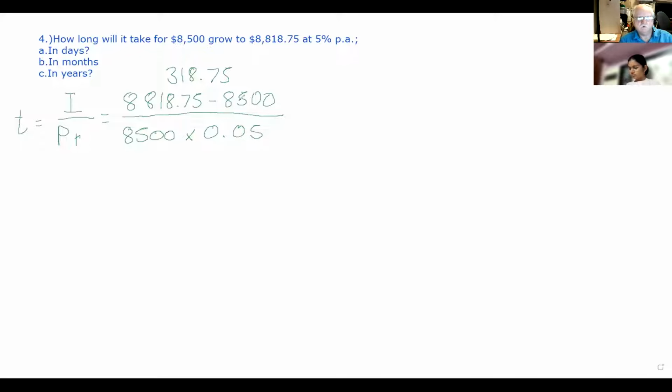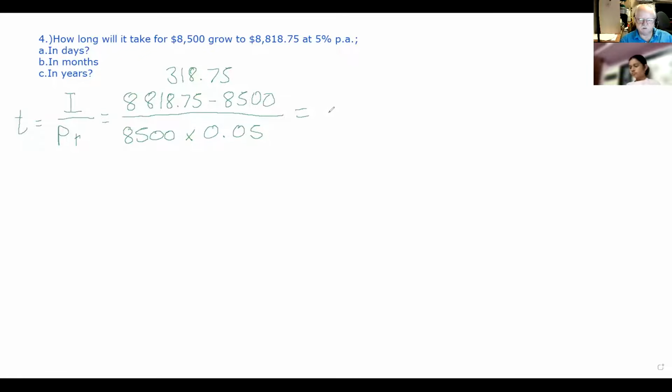So now we can solve this. I'll start at the bottom again. 5% times 8500. Then I want to flip that into the numerator or the denominator, 1/x, times 318.75.